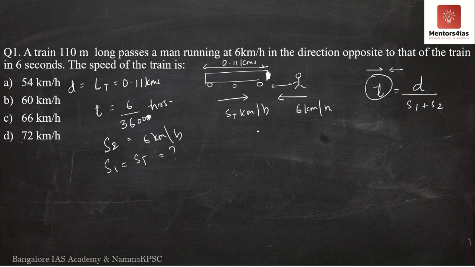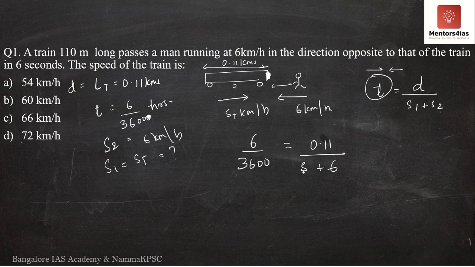What is T? T is 6 by 3600, which is equal to D by the sum of the speeds. What is D? Length of the train, that is 0.11 kilometers, divided by S plus the speed of the man, which is 6 kilometers per hour.